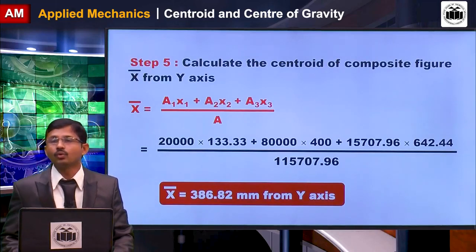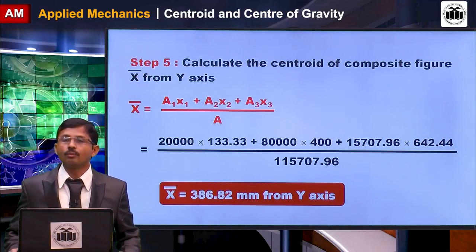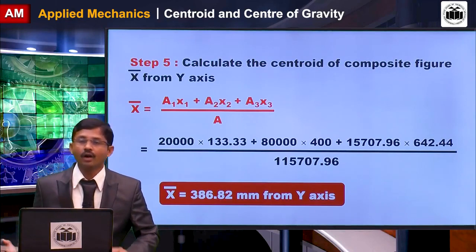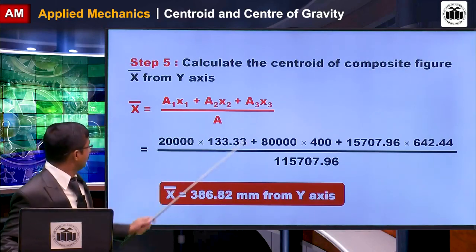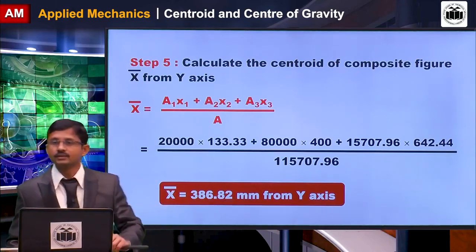Then you have to calculate the centroid of the composite figure from the y-axis, that is x bar, using the equation A1x1 plus A2x2 plus A3x3 divided by area, and after doing the calculations you will get x bar as 386.822 mm from the y-axis.